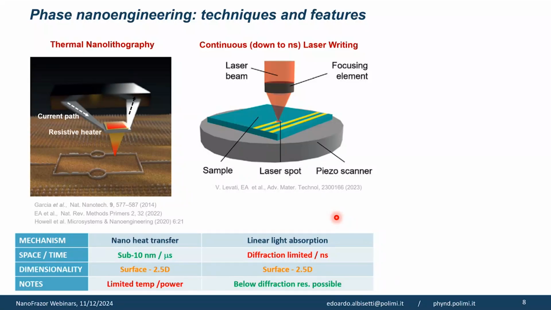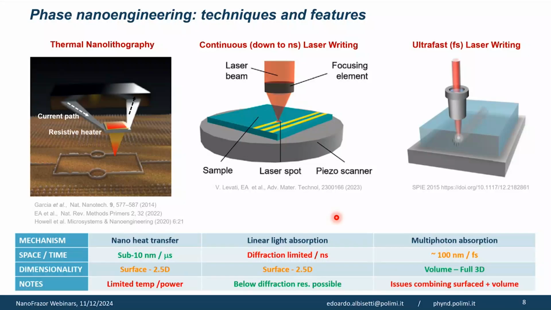So if the transition that we use is not a gradual one, but has a single steep transition at a certain temperature, then even if the beam is Gaussian, by tuning the power and the focus, we can really get to resolutions that are way smaller than the nominal focus or beam waist of the laser, which is usually about 1 micron. Of course, all this is surface based and 2D.